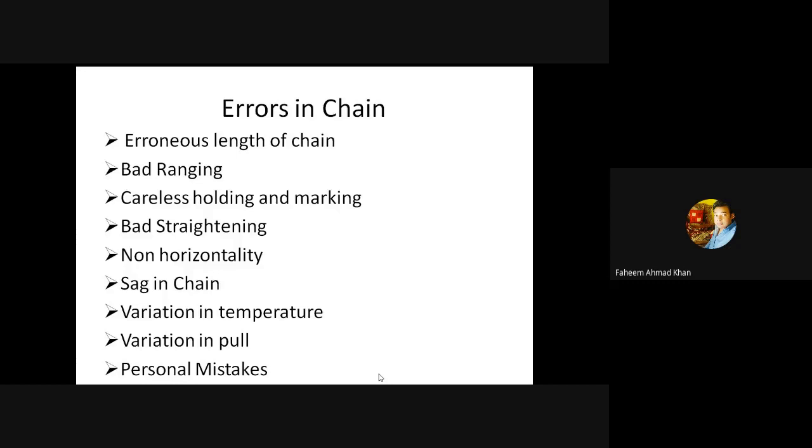A chainman may, however, apply too great or too small a pull every time, and the error becomes cumulative. So it's a dual nature of compensating and cumulative errors that goes on in the system.